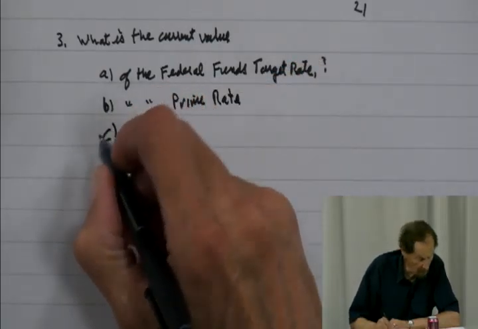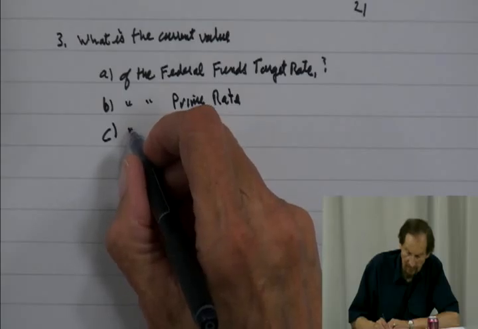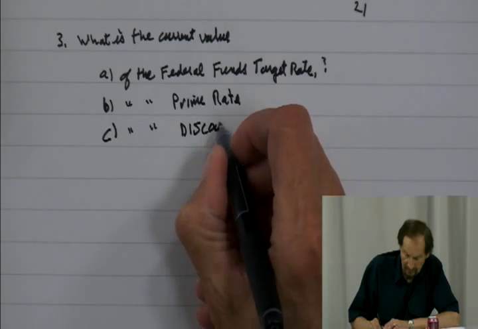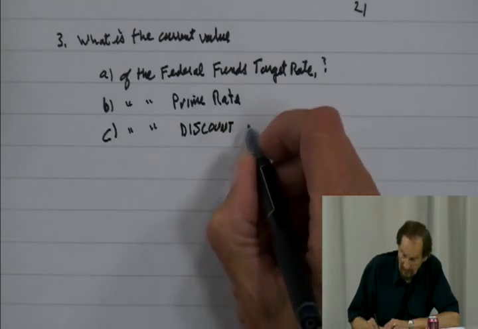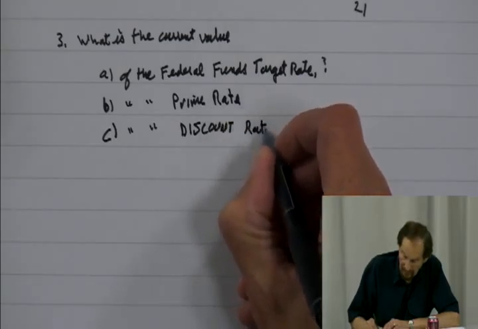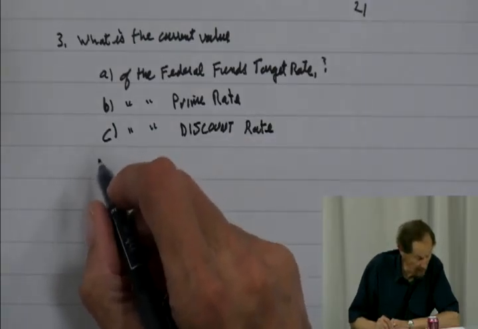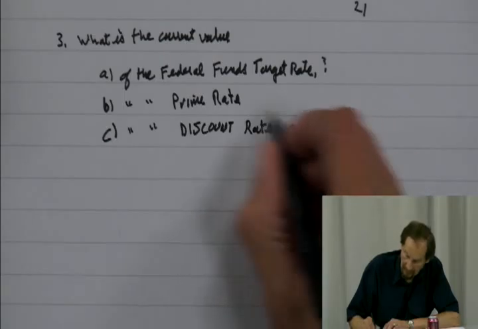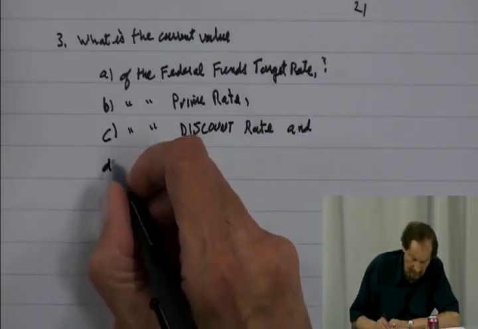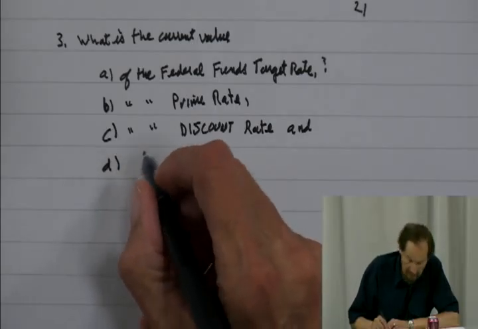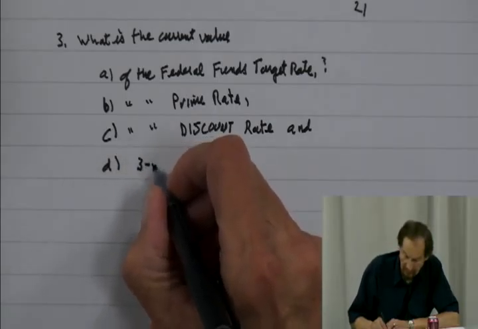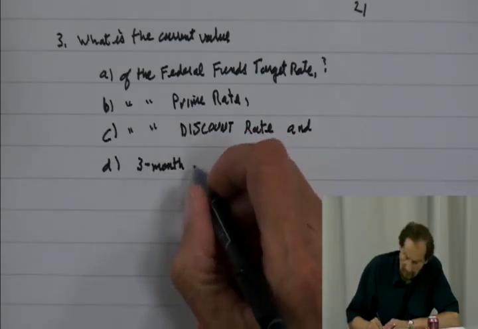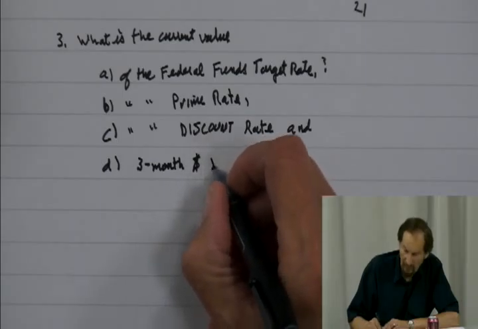C, we'll talk about the discount rate. And D, the 3-month dollar LIBOR rate.